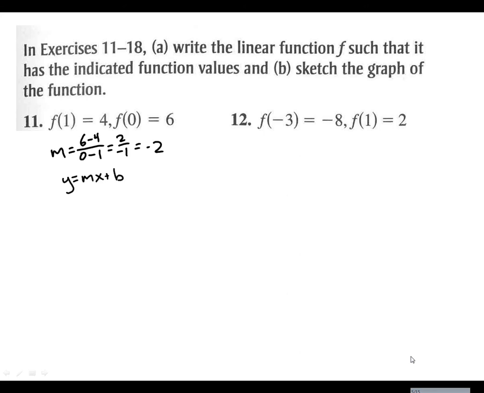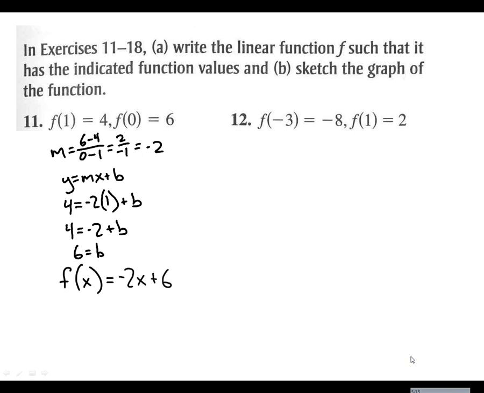I'm going to use the first point, 4 for y. We know that slope is negative 2, 1 for x. 4 equals negative 2 plus b, so 6 equals b. And so our final equation will be f of x equals negative 2x plus 6.